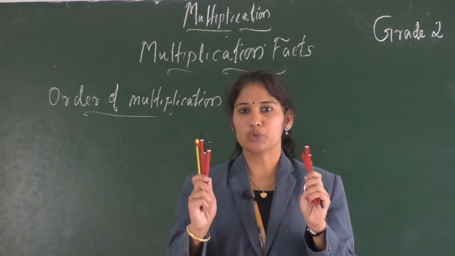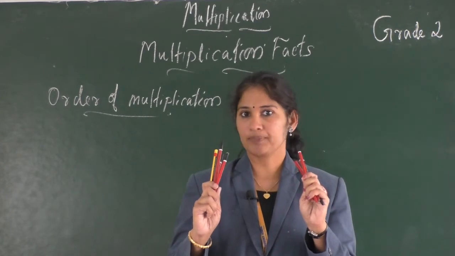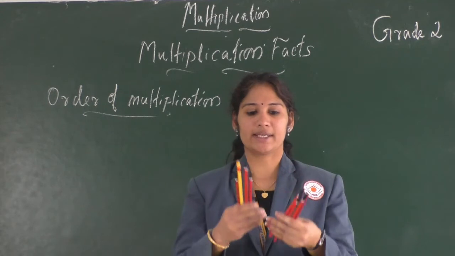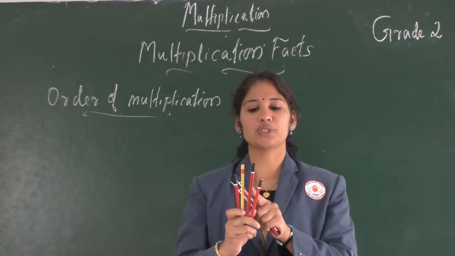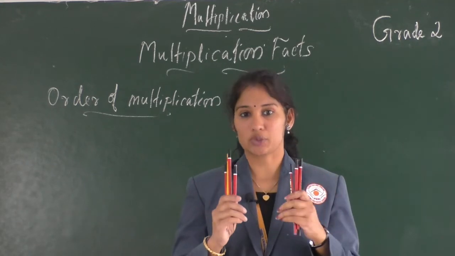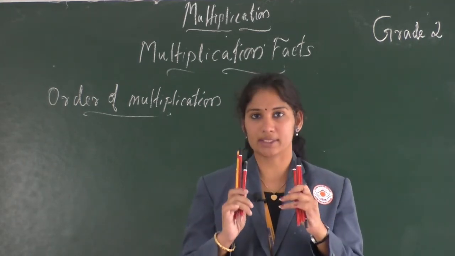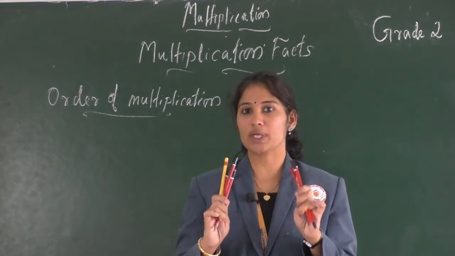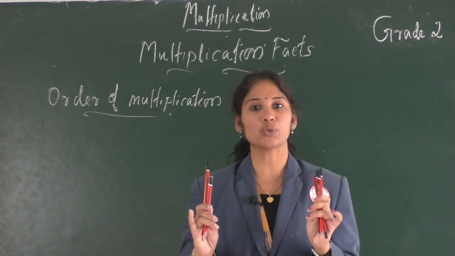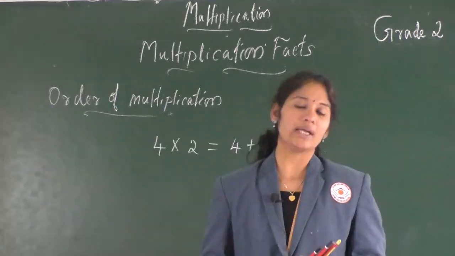I have 2 groups of 4 pencils, right? What is the total number of pencils? Yes, 1, 2, 3, 4, 5, 6, 7, 8. Total number of pencils I have is 8. So 4 into 2 is equal to 4 plus 4 is equal to 8.